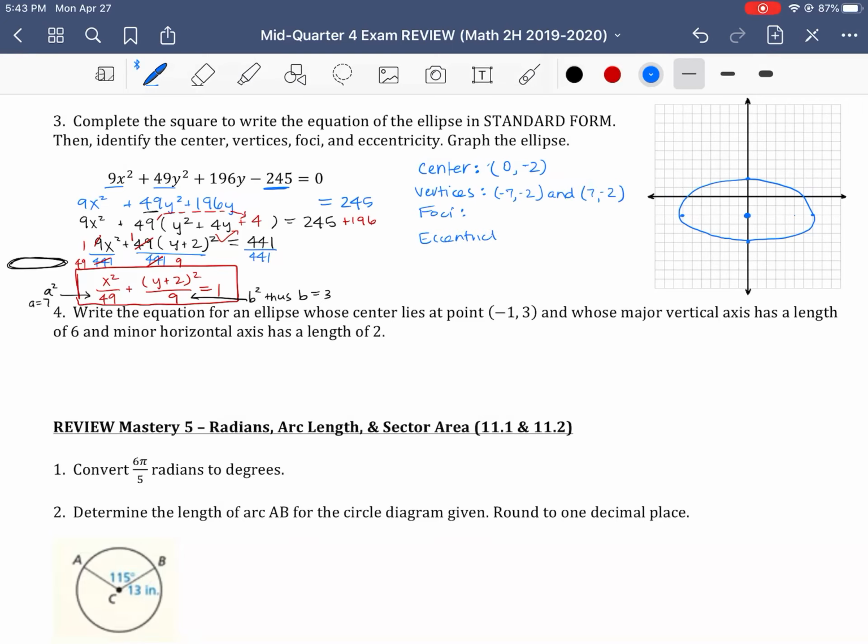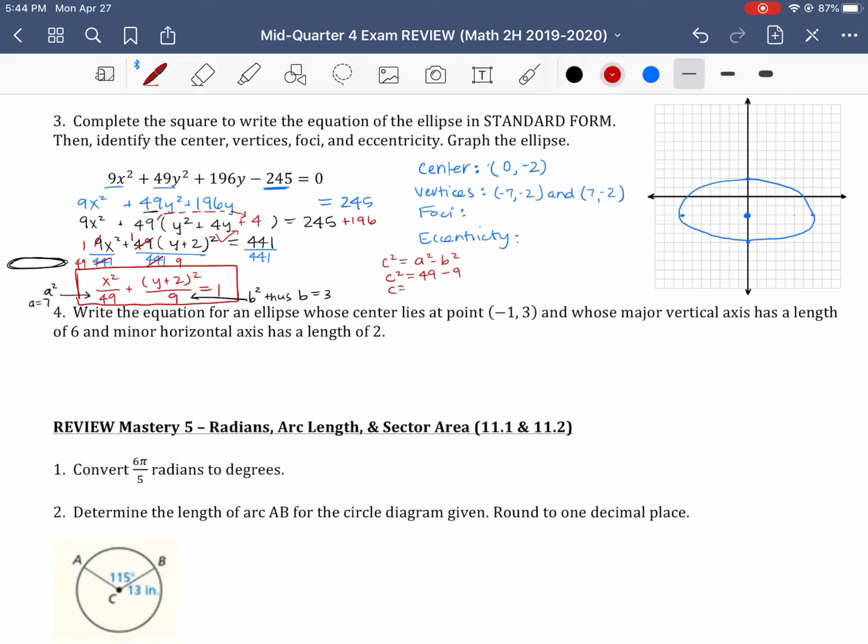So remember that for the foci, you need the c value, and we know that the c value represents the distance from the focus to the center, and we find that by doing c squared is equal to a squared minus b squared. So we don't know what c squared is, but we know that a squared is 49, and b squared was 9.